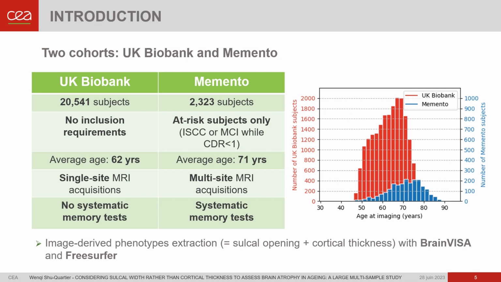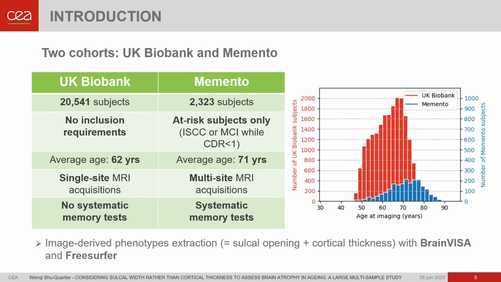In contrast, Memento exclusively recruited subjects presenting isolated subjective cognitive complaints or mild cognitive impairments while not demented. Besides, during 4 years of follow-up, 208 subjects out of the total 2,000 and something subjects were then diagnosed with dementia.